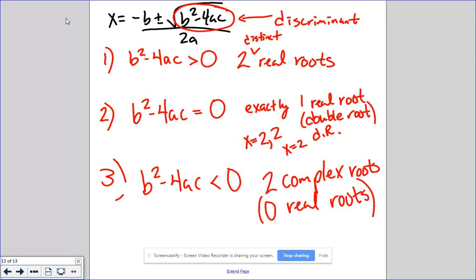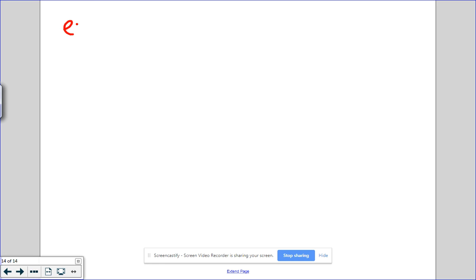It's also a good way to check your answer, to make sure the answers you got match what your discriminant says you should get. Questions so far? No? Okay. Let's do an example so you can actually see how this works.